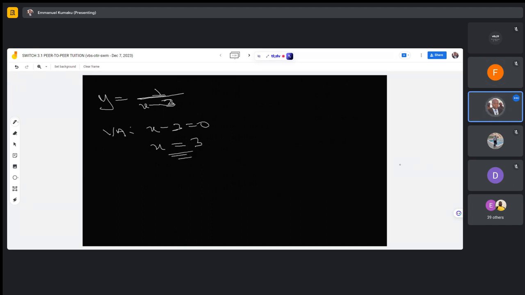So that's the rule for vertical asymptote. First, check whether your denominator has a factor in the numerator. This means that if the expressions are not factorized, then you have to factorize them.